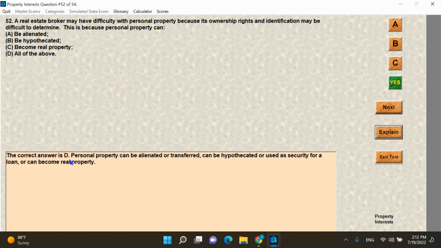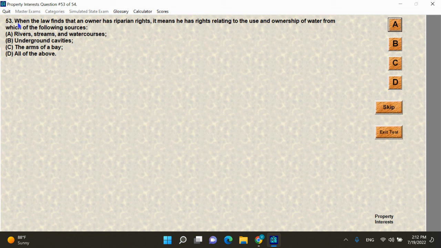The correct answer is D. Personal property can be alienated or transferred, can be hypothecated or used as security for a loan, or can become real property.